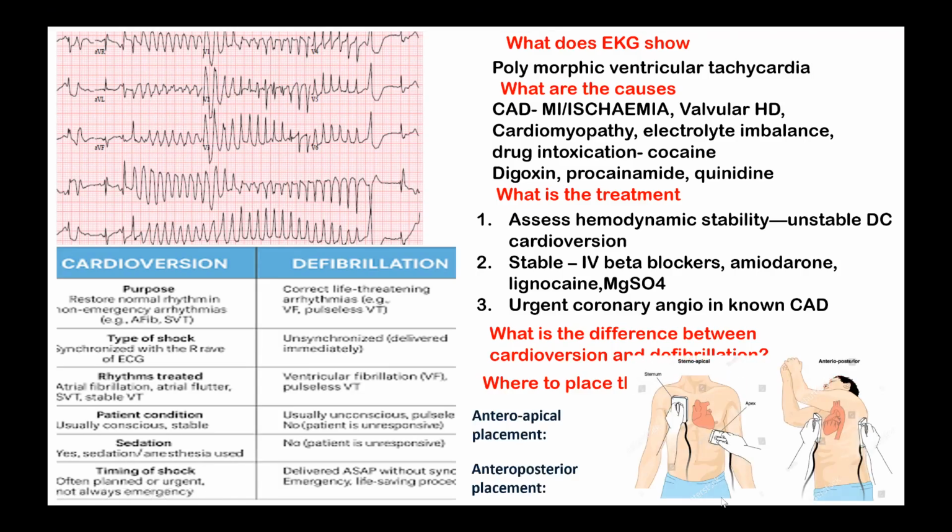So this is called the anterior-apical: one over the infraclavicular region on the right side, the other over the intercostal space in the apical region. This is called the anteroapical placement of the paddles. And the anteroposterior is the apical region, with the corresponding infrascapular region on the back. So this is called the anteroposterior.